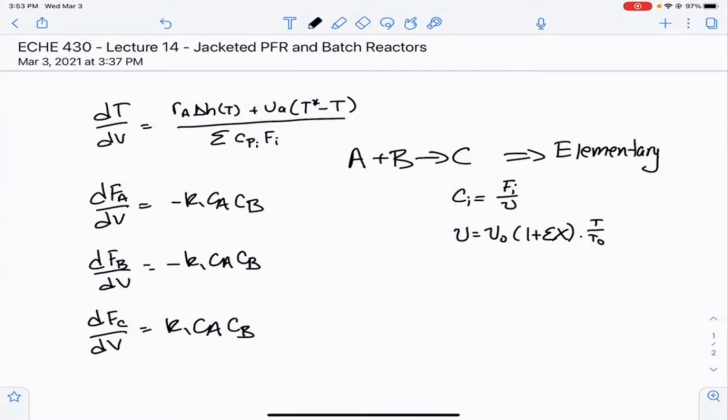We also know that we can calculate the conversion when we know the flow rates, because the conversion of the reaction is related to the flow rate of A, right? We know that F_A equals F_A0 times 1 minus X. So at any point here, we can actually solve for the conversion based on the molar flow rates.